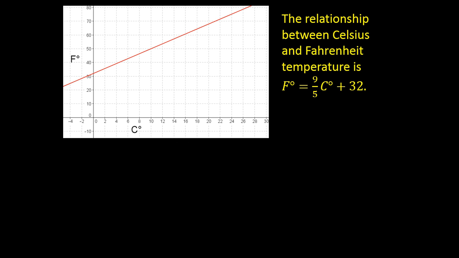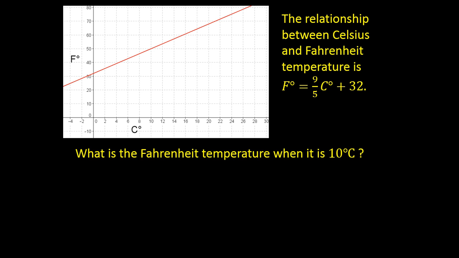Let's look at another example of a linear equation. This one is an equation that describes the relationship between a Celsius temperature and a Fahrenheit temperature. How can we use that equation to find the Fahrenheit temperature when it's 10 degrees Celsius? Well, we're trying to find a coordinate, a value for F that corresponds to a value for C of 10.